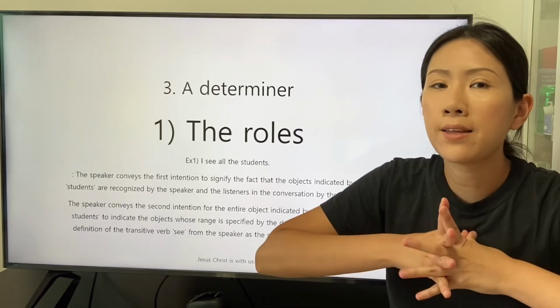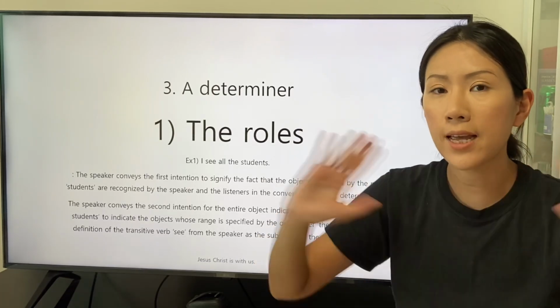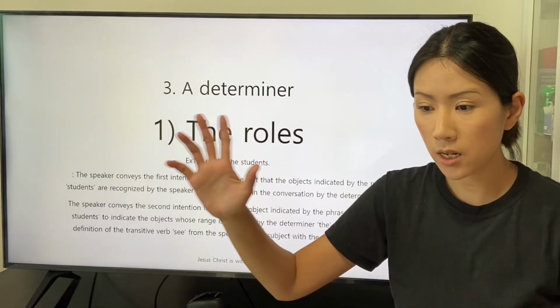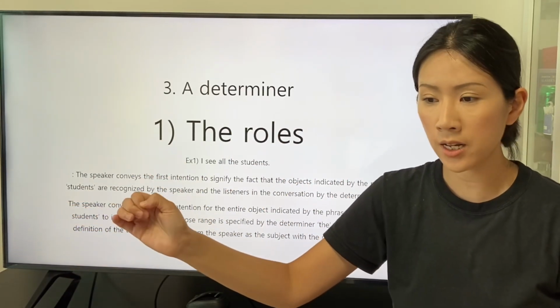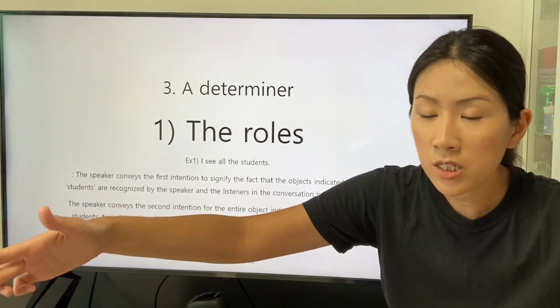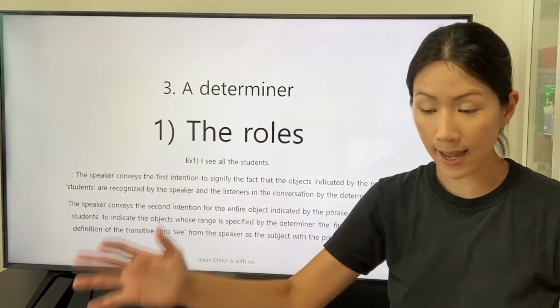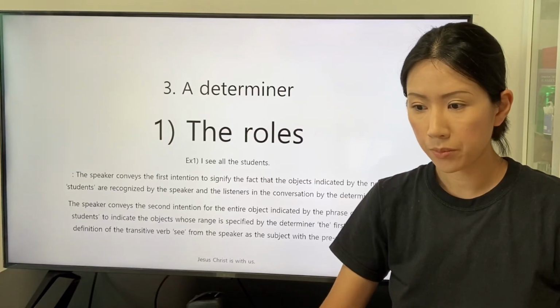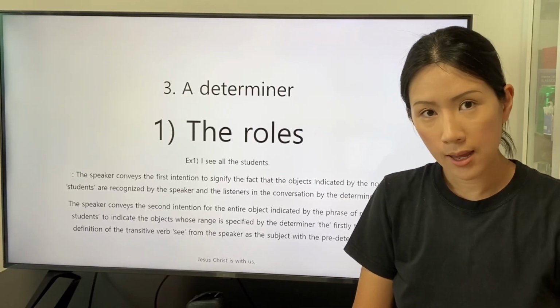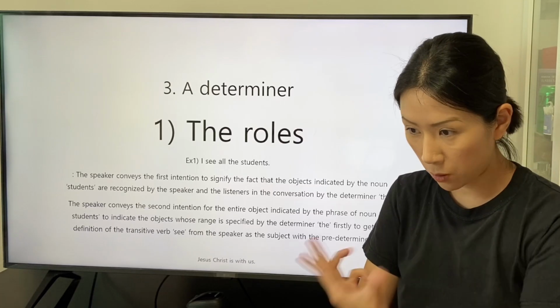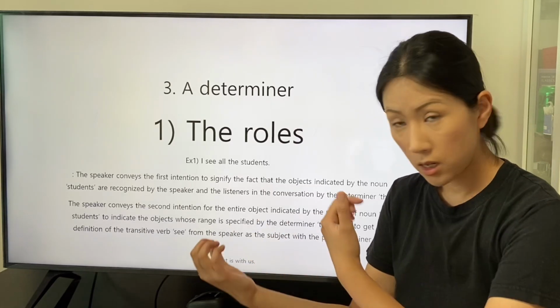We can understand that the speaker can set every subject included in the range indicated by the phrase of the general noun the student according to the application of the predeterminer all from the definition.